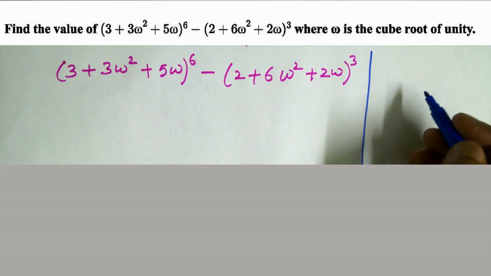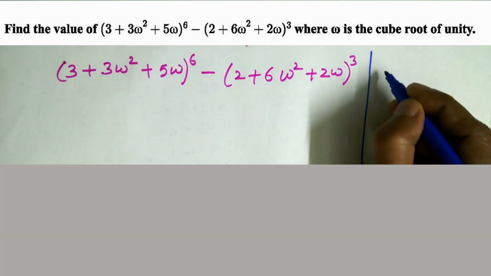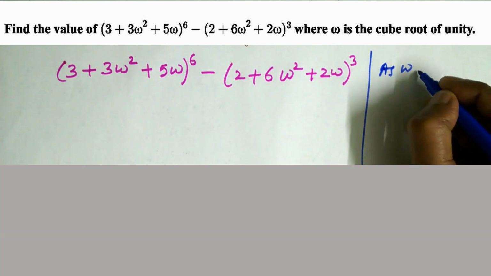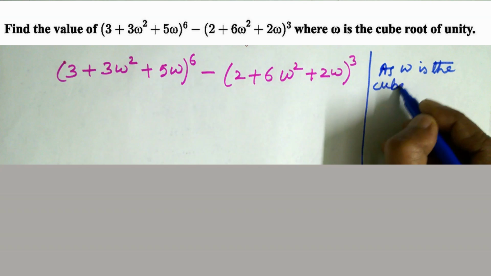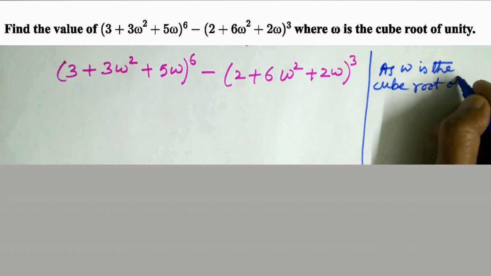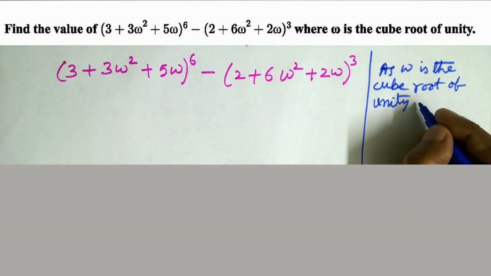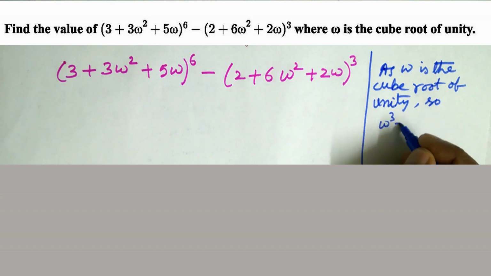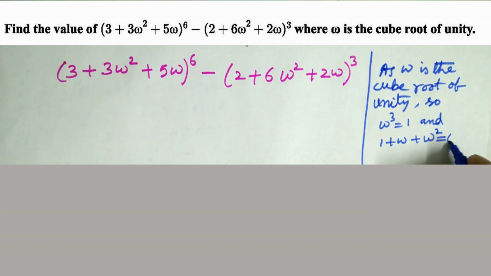As ω is the cube root of unity, it is known that ω³ = 1 and 1 + ω + ω² = 0.